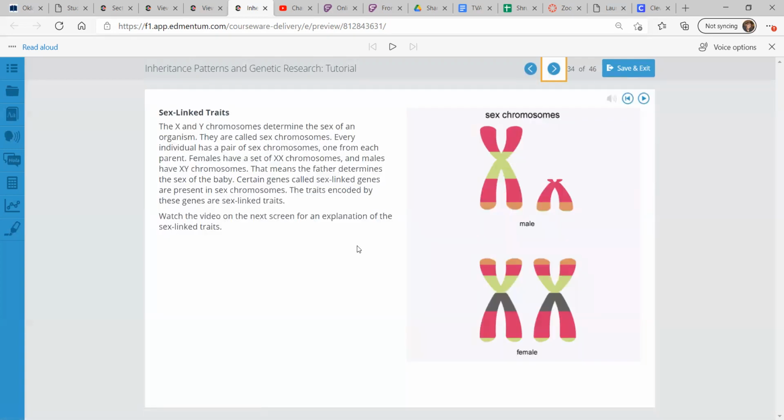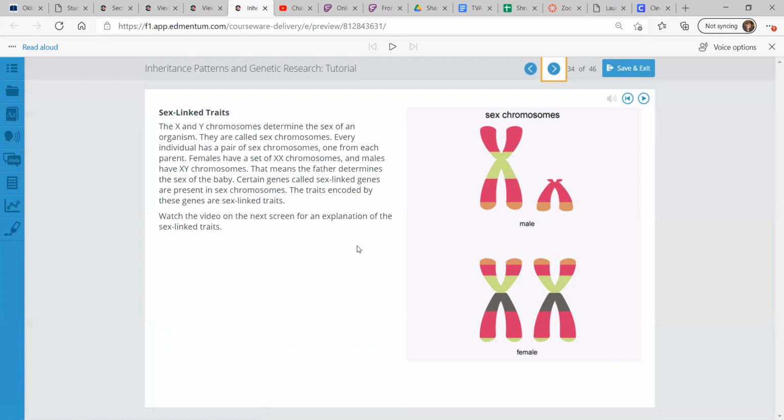Very cool. Anyway, we were referring to sex-linked traits earlier, and the X and Y chromosomes determine the sex of an organism. We call these sex chromosomes. Every individual has a pair of sex chromosomes, one from each parent. Females have a set of X chromosomes.